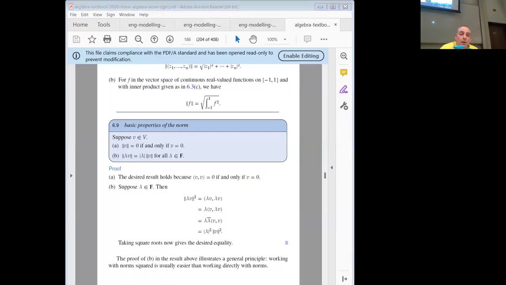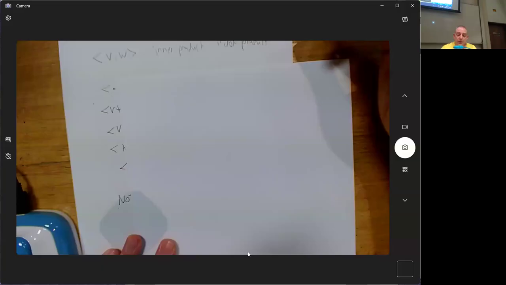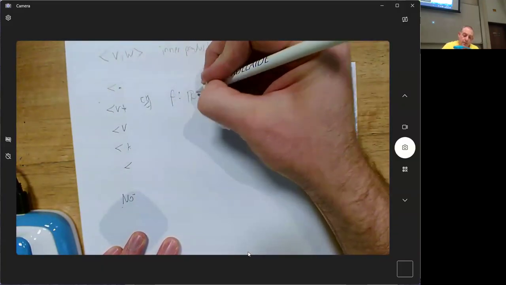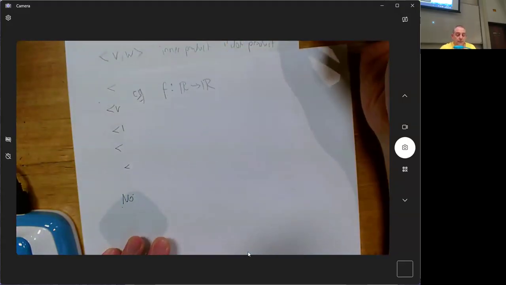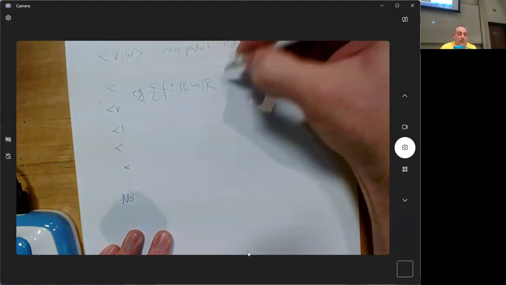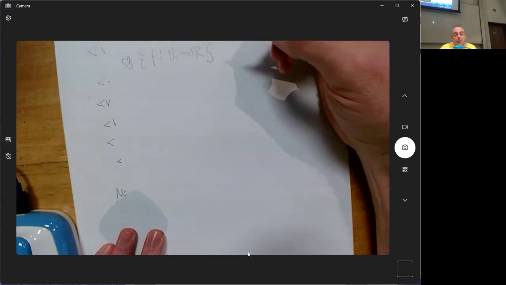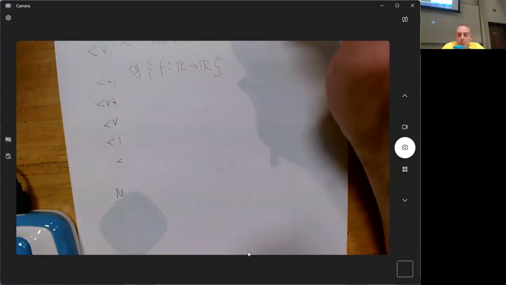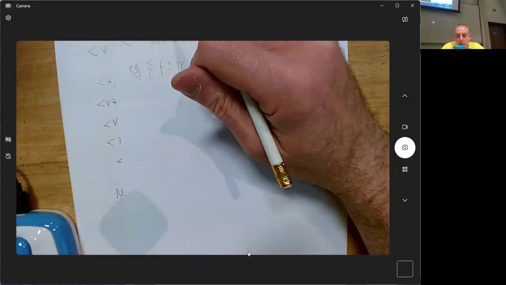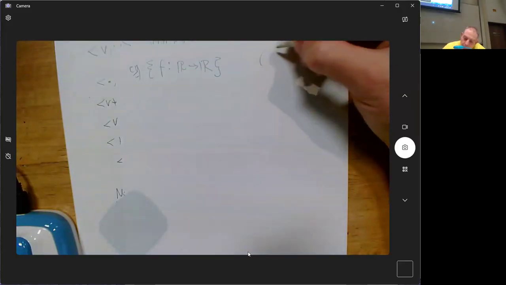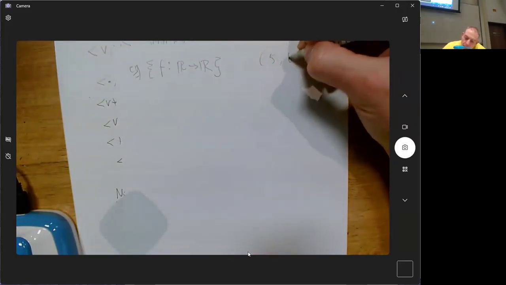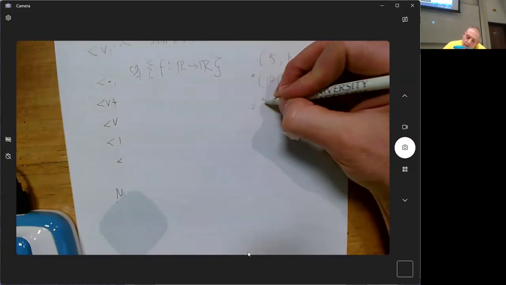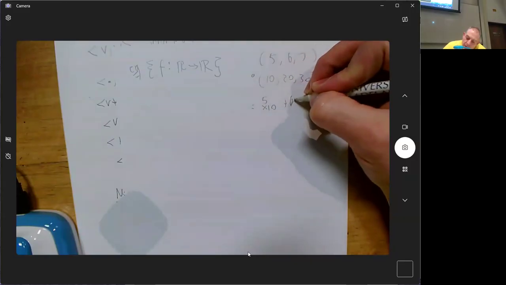And one of the classic ones is for functions, the set of functions which sends R to R. When you do the dot product of two vectors, you multiply the matching bits and you add them up, right?